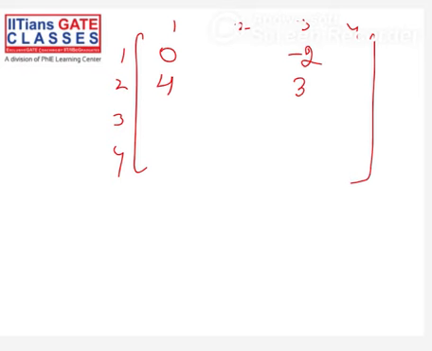And from 3, you are going to 4 with a weight 2. From 4, you're going to 2 with -1. Apart from these, all are infinities.